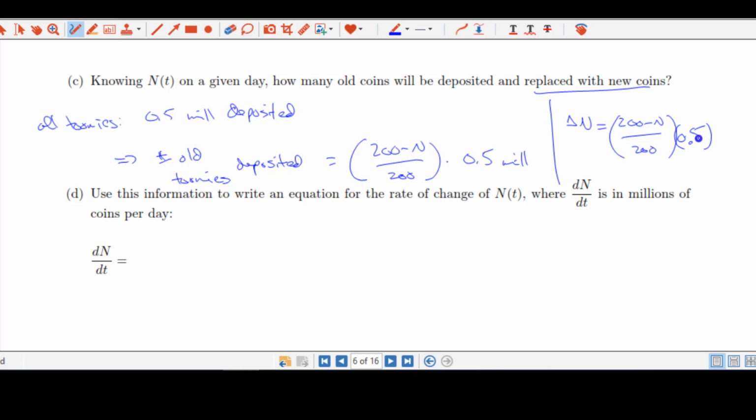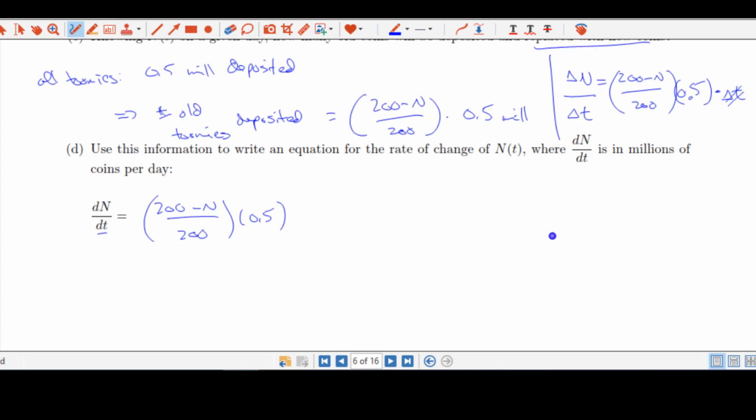And then we're going to get that many changed times the number of days, delta t. Bring the delta t to the other side, and all of a sudden we have something that looks like a derivative. We imagine delta t getting smaller and smaller. We get this expression, but everything on the right-hand side stays exactly the same. And that's it. This is the number of new coins added to the pool per day. That matches perfectly with the units of our derivative.